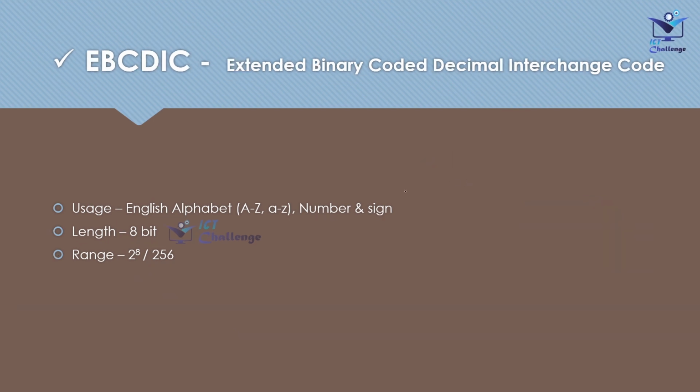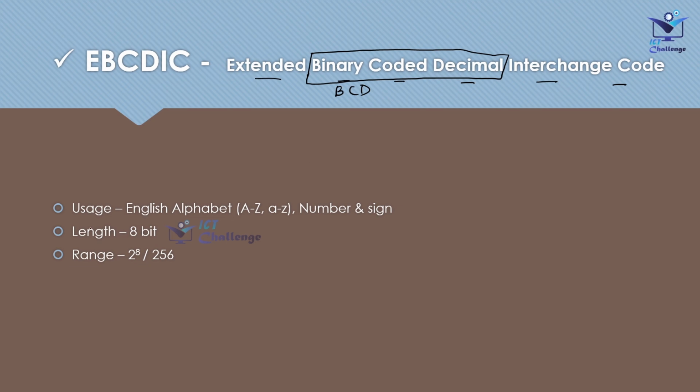Okay, then EBCDIC. The full form of EBCDIC is Extended Binary Coded Decimal Interchange Code. So this is a very important full form, and I have to mark this part, binary coded decimal. Just remember BCD means binary coded decimal, and EBCDIC means Extended Binary Coded Decimal Interchange Code.